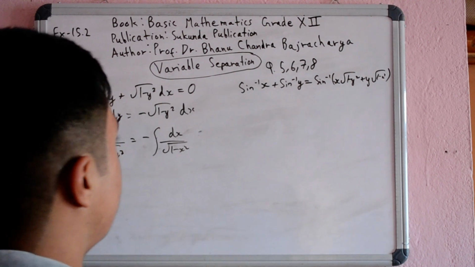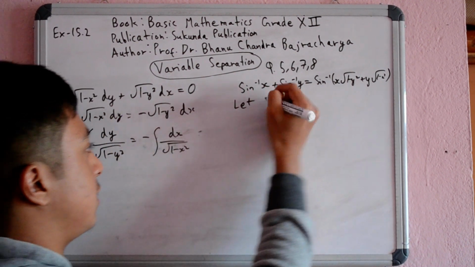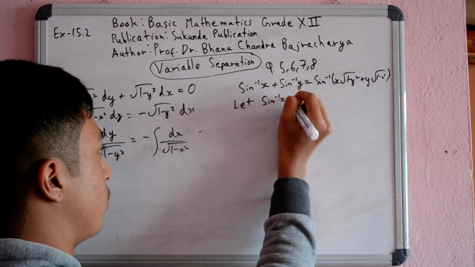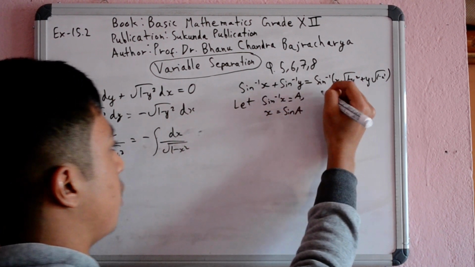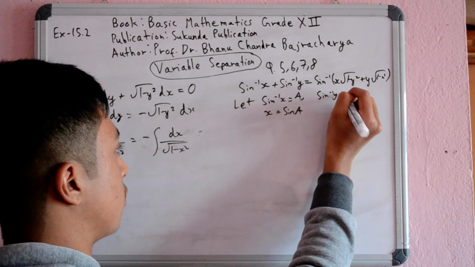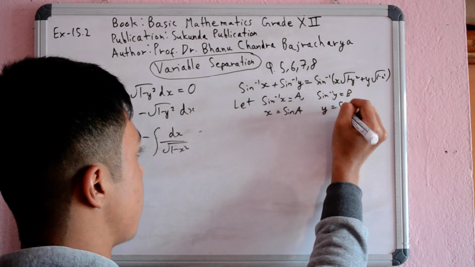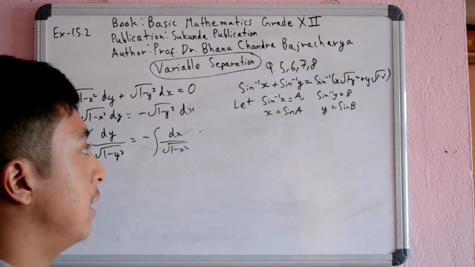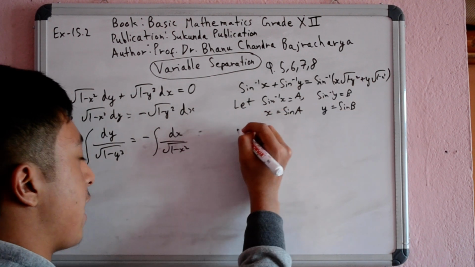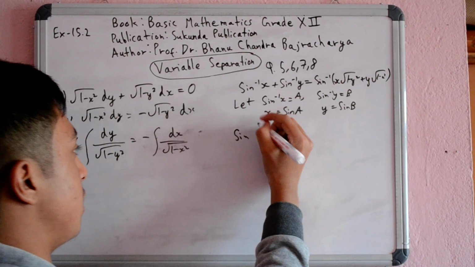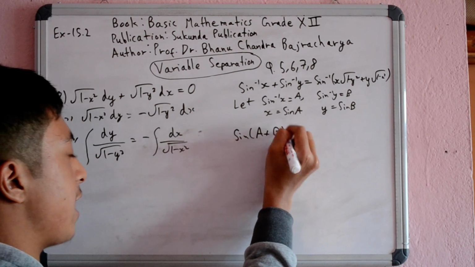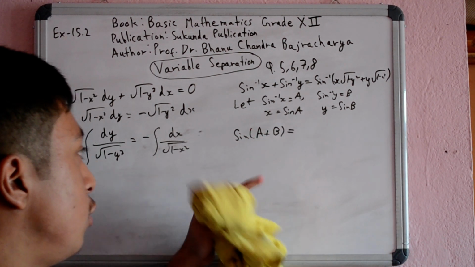So, first let sine inverse x equal a, such that you get x equals sine a. Similarly, let sine inverse y equal b and y equals sine b. Now, this kind of looks like our sine a cos b plus cos a sine b. So, let's write sine (a plus b). Let's use what we know.